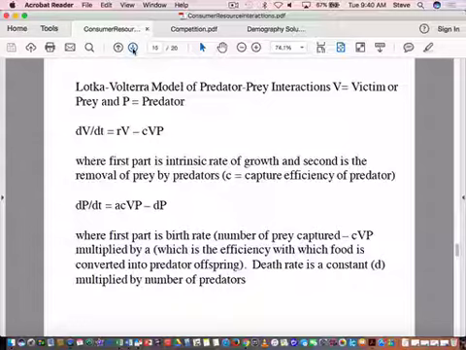But when you think about a predator, if a lynx eats a bunch of snowshoe hares, does it immediately convert that energy into offspring being born? It takes a while, doesn't it? There's a gestation period. They have internal fertilization.